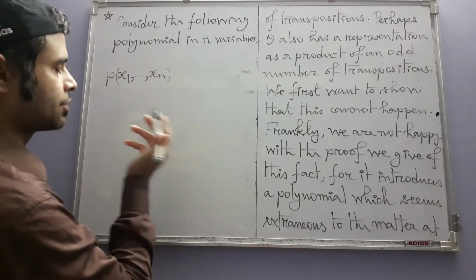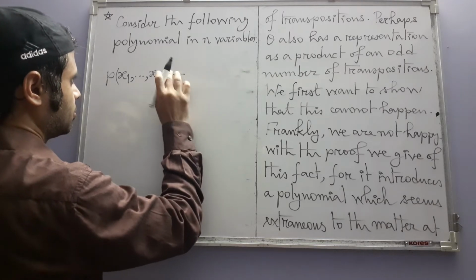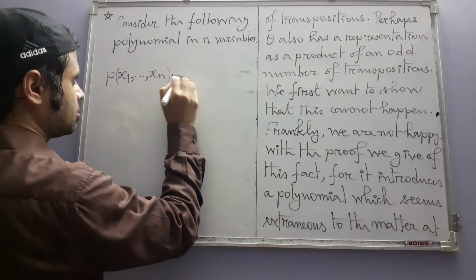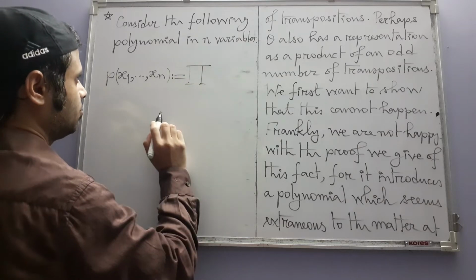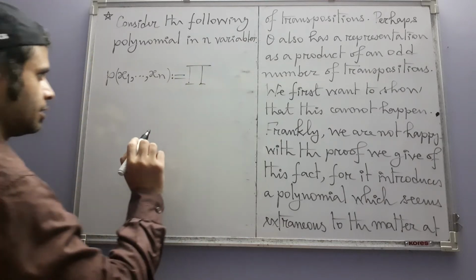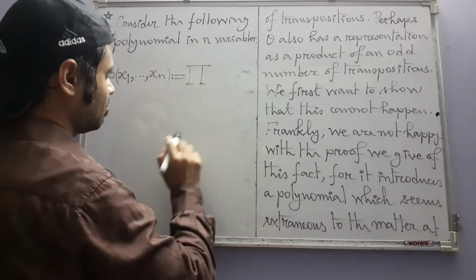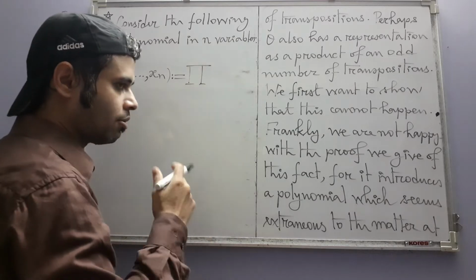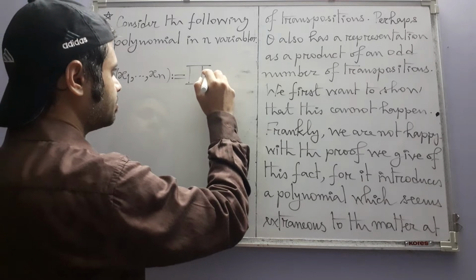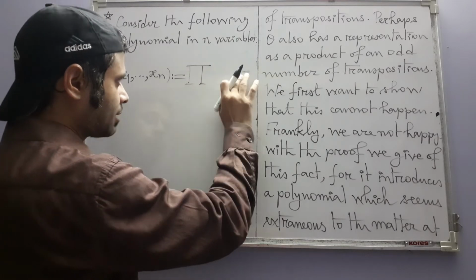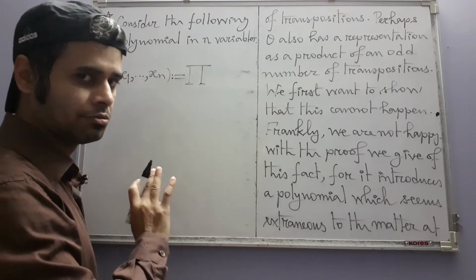We know this notation. We have already seen these things in ring theory. So the polynomial is defined as a product of linear polynomials, that is degree. We cannot say degree 1 because these are multivariate polynomials, but all the variables are in their first power. That's what we are saying. I mean, all the factors that we are going to use here, they are having first powers of all the variables.